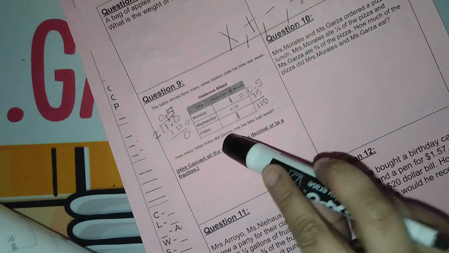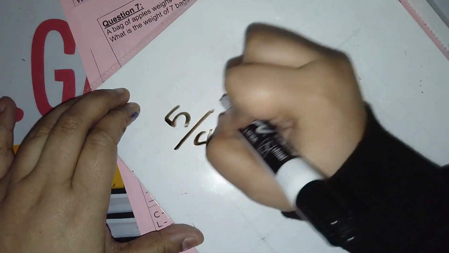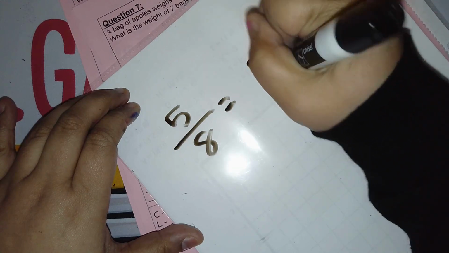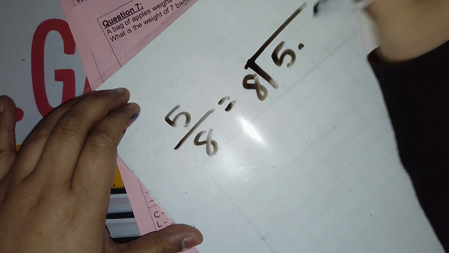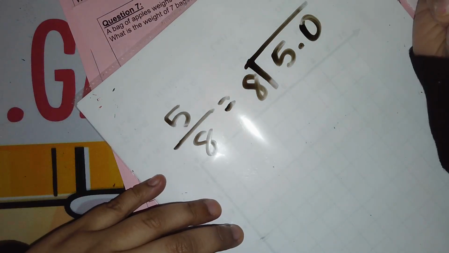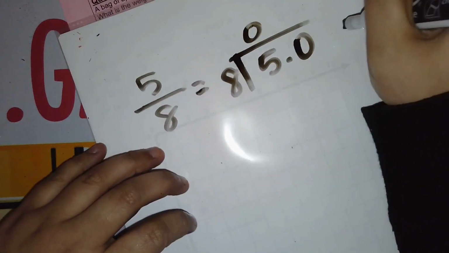And the other one is 5/8. So we have 5/8. Again, you would do 5 and then 8. I'm already adding a 0 because I know it's not going to fit. So how many times does 8 go into 5? 0.